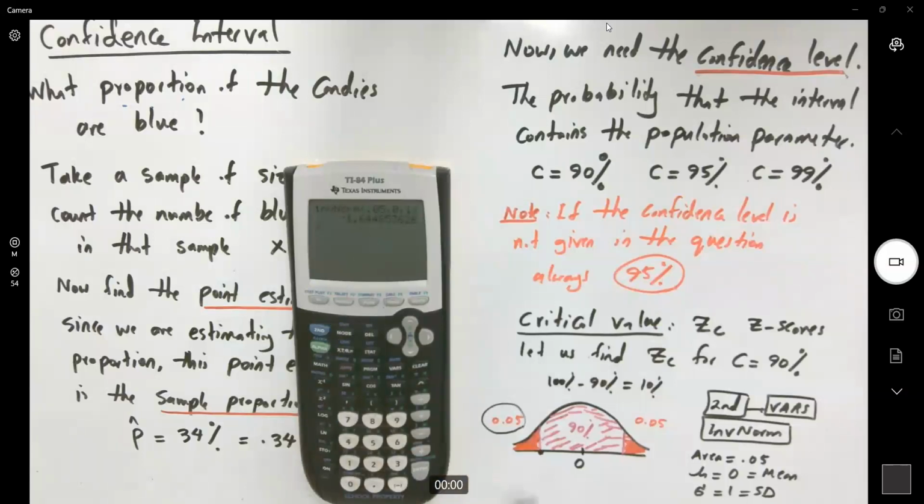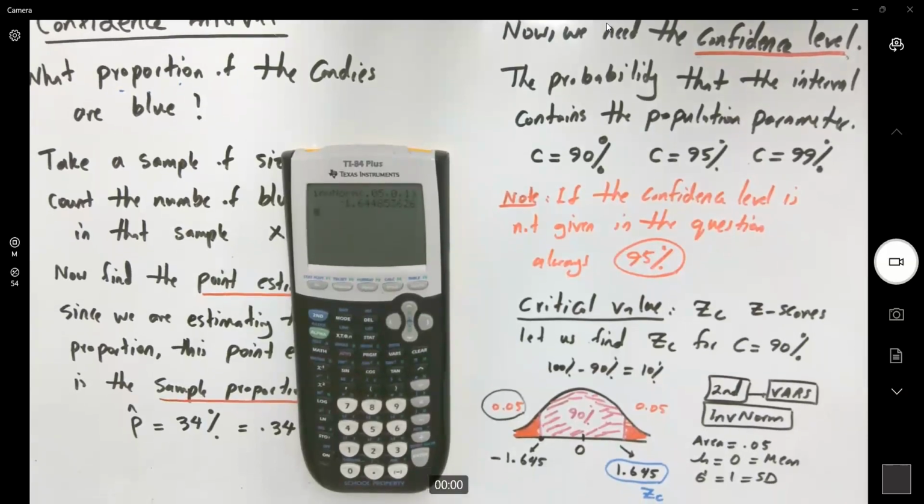The z is negative 1.645. But note that you have symmetry. This is 0. The opposite number is going to be on the right-hand side, which is 1.645. This is our ZC, or critical value.